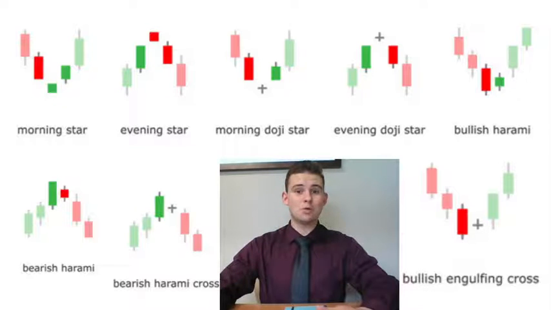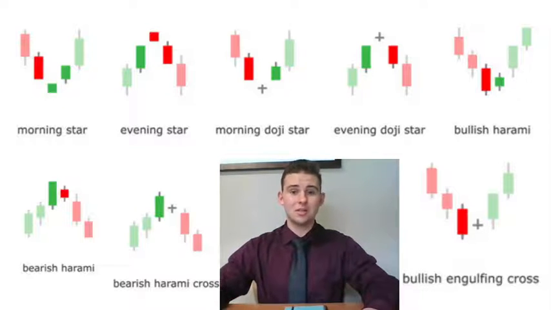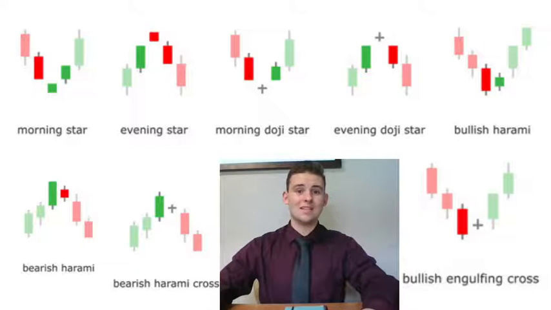Because when I see a morning doji star through personal experience, I am waiting for the next day. Remember, just because you see a morning doji star does not mean you buy on the day of the morning doji star. You have to have the complete set of the 3 candlesticks, which means you wouldn't buy until you get a confirmation the next day that this is really what it is doing.